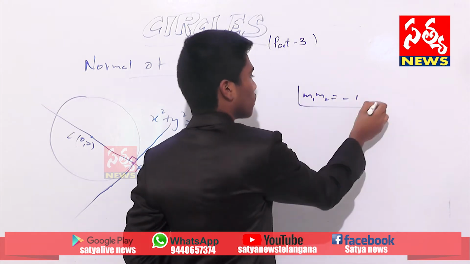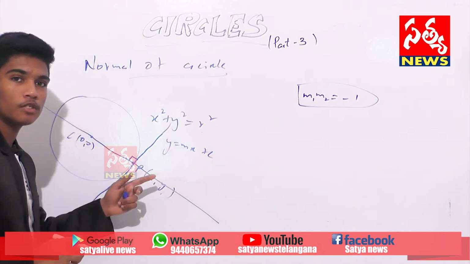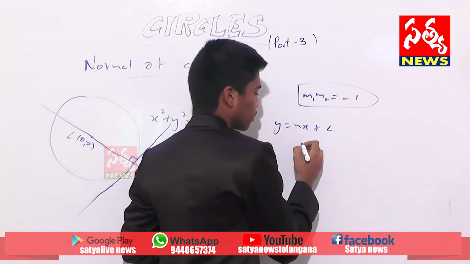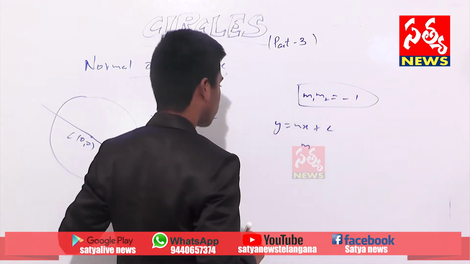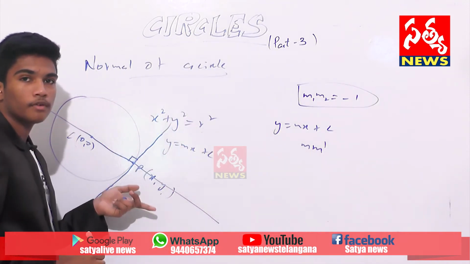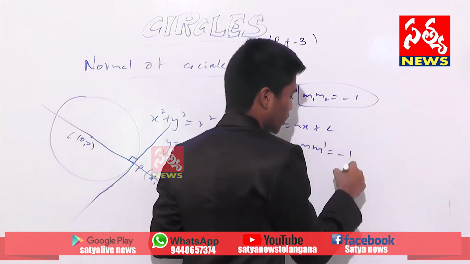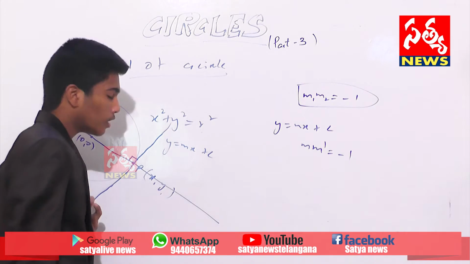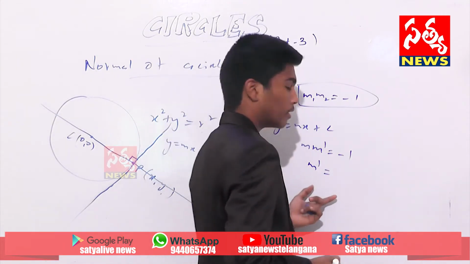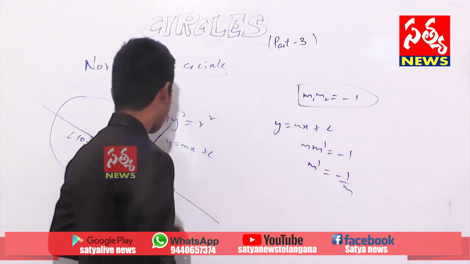This is the condition. The slope of the tangent y equals mx plus c is m. Let us assume the slope of the normal is m dash. As these two are perpendicular, m dash is equal to -1 by m.